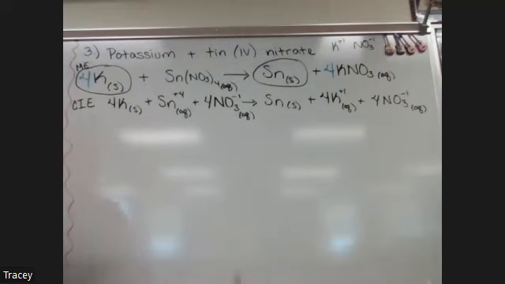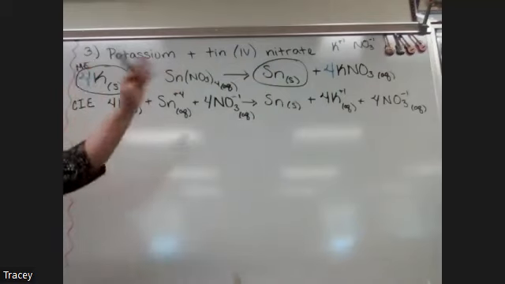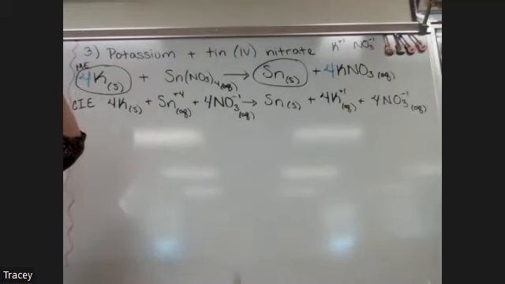Now, the easiest of the 5 steps for single replacement reactions is the net ionic equation. With the net ionic equation, we are going to cancel out what is the same on both sides. Everything that we cancel out, we call spectator ions.